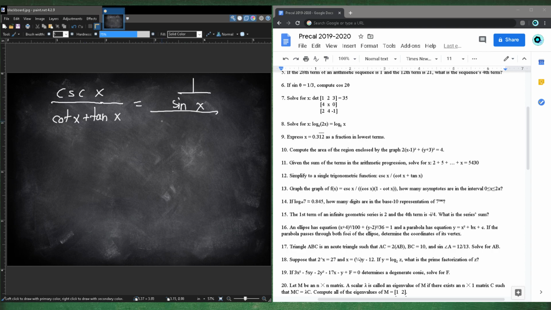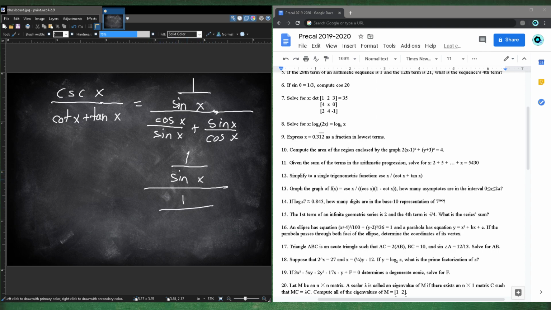And this one is just cosine of x divided by sine of x plus sine of x divided by cosine of x. So then cross multiplying, that's cosine squared x plus sine squared x, which is just 1. So we have to write that top one first, so 1 over sine of x.